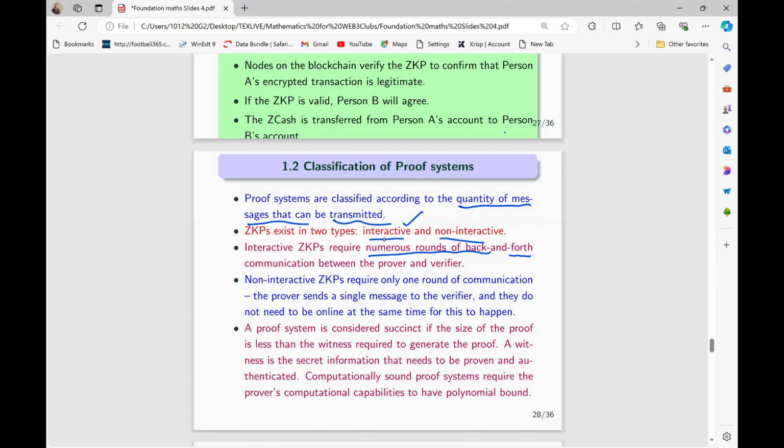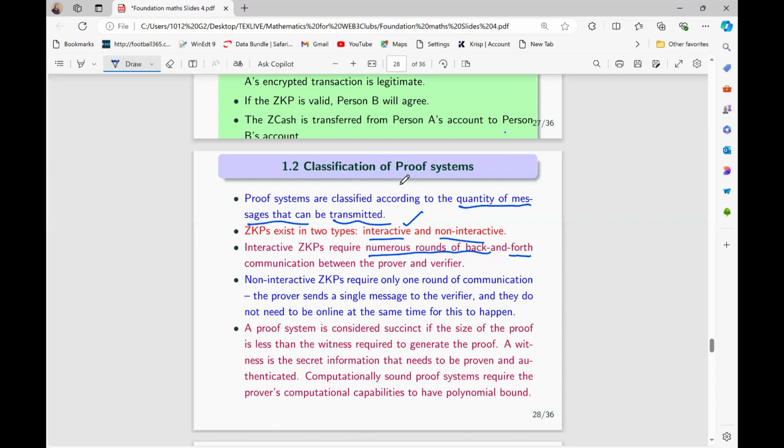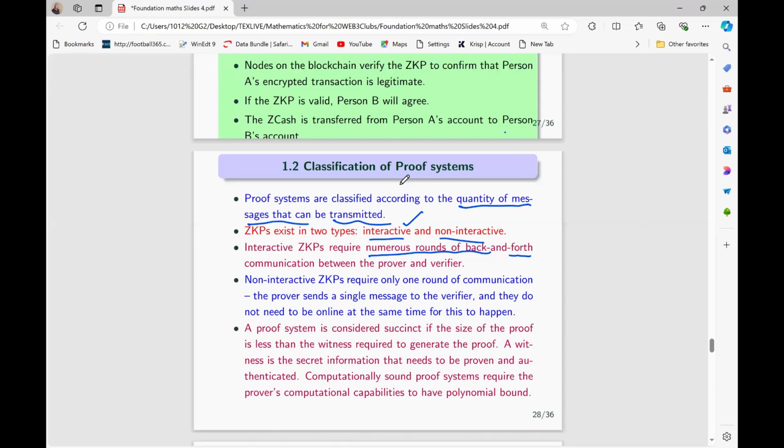This process can continue for a while. This is what I mean by back and forth communication. Alex will ask as many questions as possible, even 10, 20 or 30 times, until he's convinced that indeed Wanjiru has this ability.